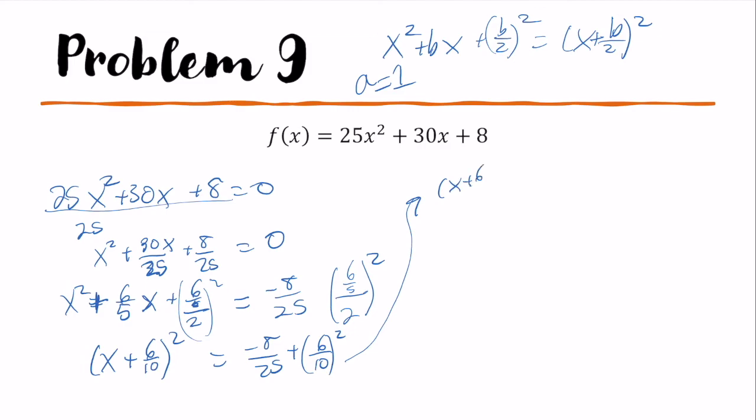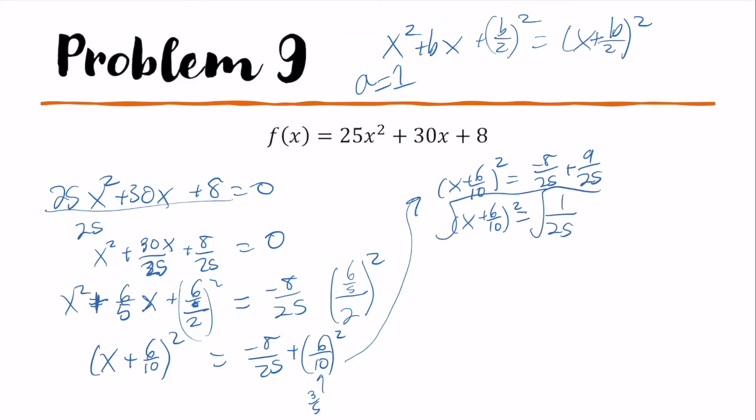That's going to give me x plus 6/10 squared equals negative 8/25 plus 9/25, because 6/10 simplifies to 3/5, and 3/5 squared gives us 9/25. So I have x plus 6/10 squared equals 1/25.